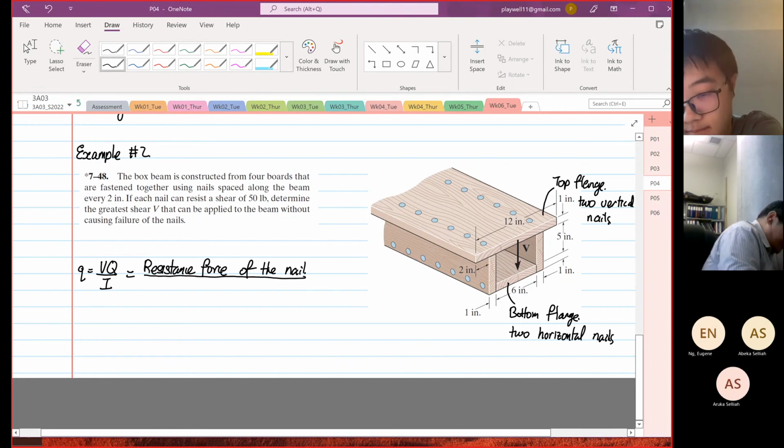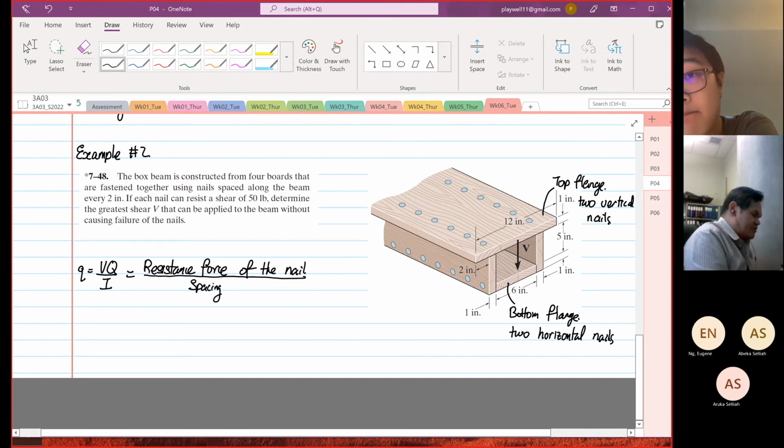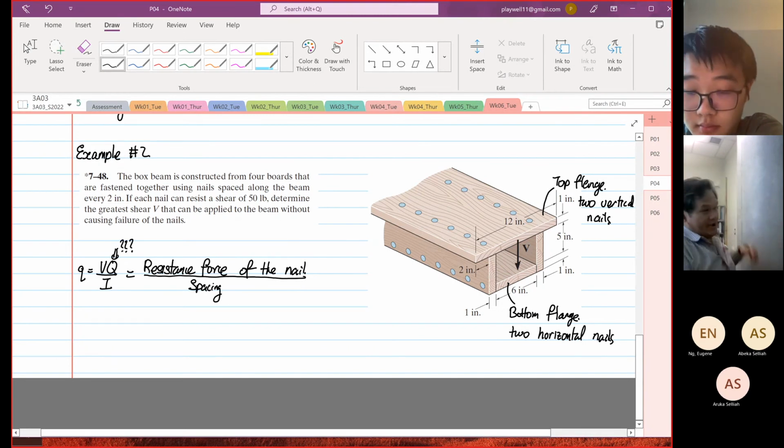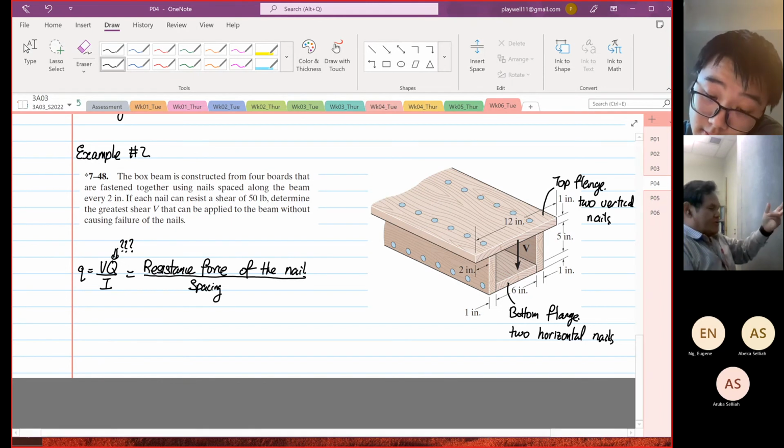Yeah, divided by spacing. And the resistance force of the nail divided by spacing is easy. V is easy. V and I are constant. The difficulty is always, what is the Q? Am I right? What is the Q to consider?